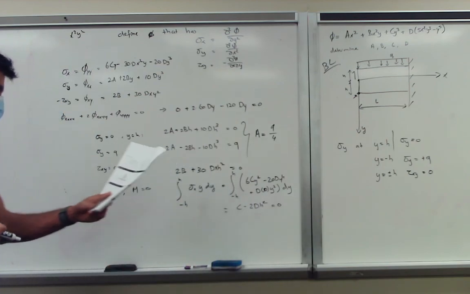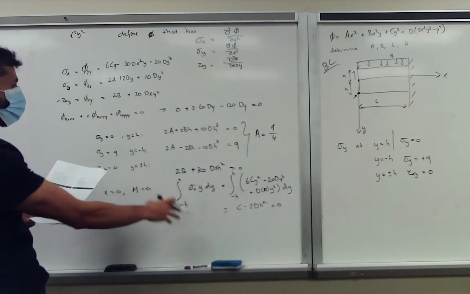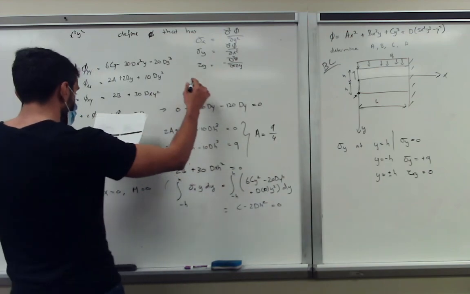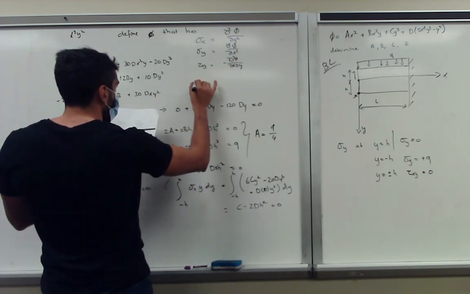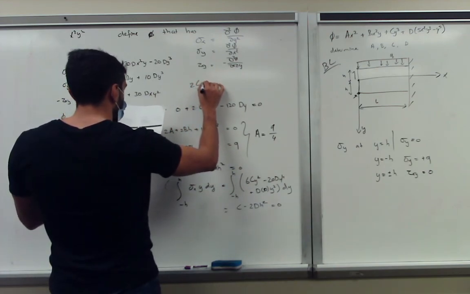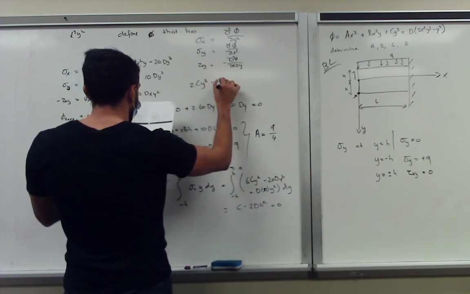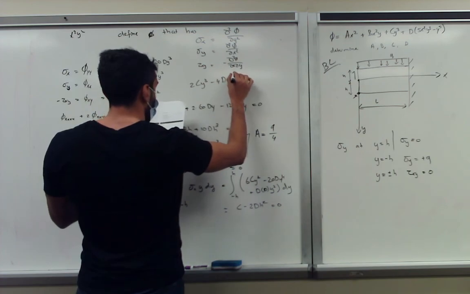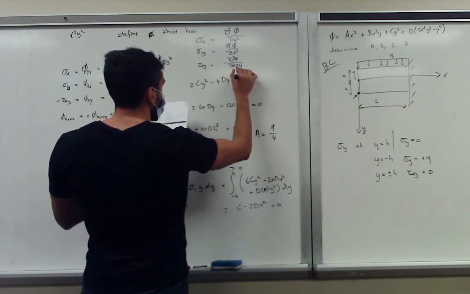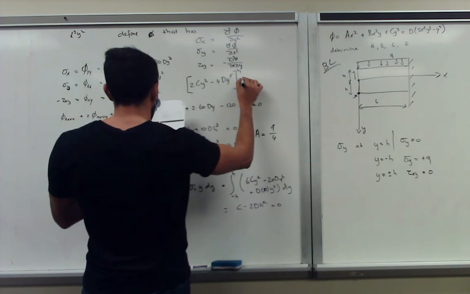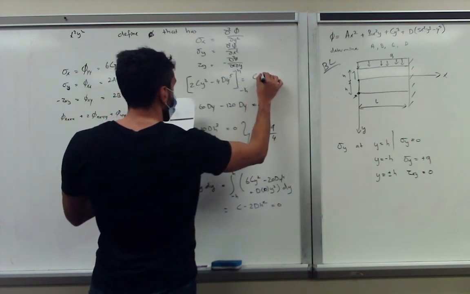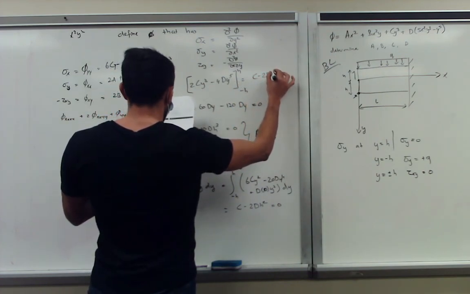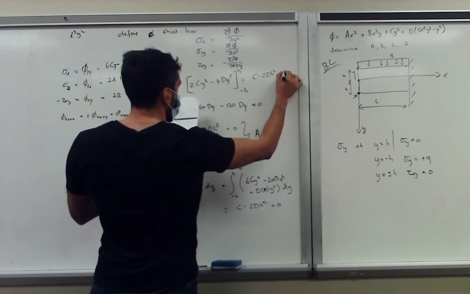So if I write this one here, the integral that you have to evaluate is 2cy to the power of 3 minus 4cy to the power of 5, and you evaluate it from minus h to h, and that gives you c to d h squared is equal to 0.